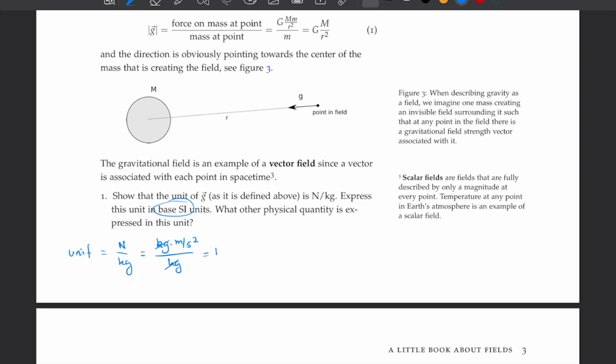Kg cancels out. And you can see that the unit is in fact also meters per second squared. And what other physical quantity has that type of unit? Acceleration, of course. So we immediately notice that g has the same units as acceleration, and that's not a coincidence. We can think of g as the acceleration due to gravity at that point.